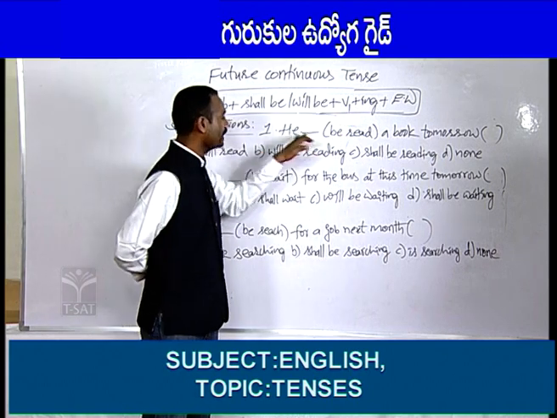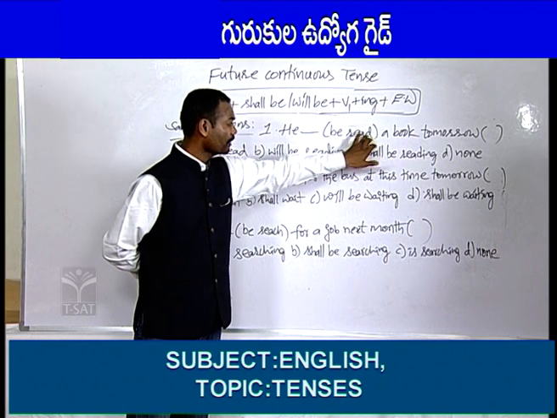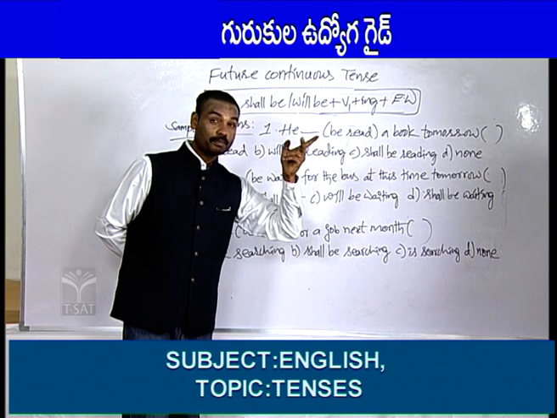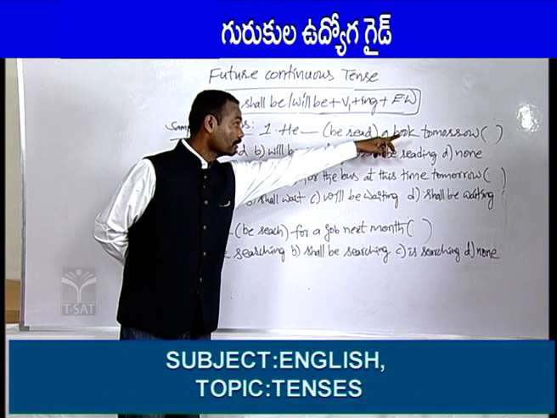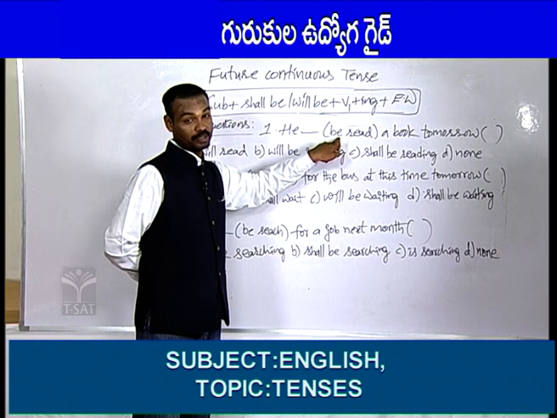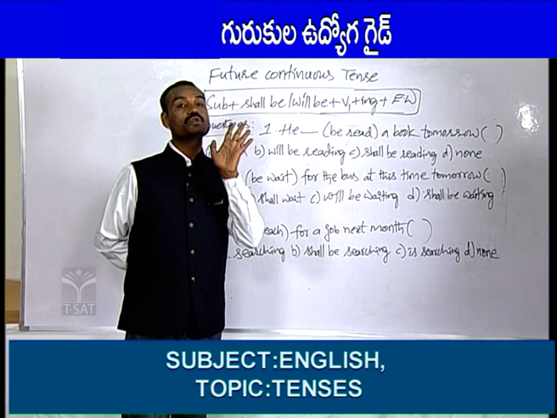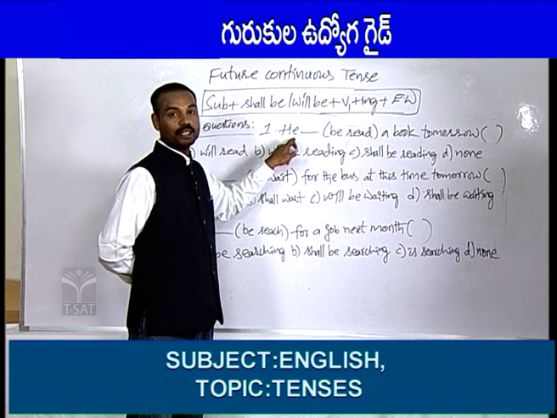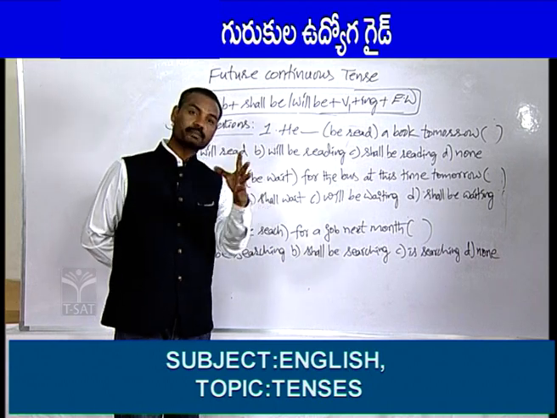See, example is he dash, under the bracket one verb is there, a book tomorrow. Tomorrow is the keyword. Whether it is simple future or future continuous, because that is the common keyword for two tenses. So B form is there. When you find out B form, that is future continuous. Will be reading. For example, subject is I or we, shall be reading. For other subjects, will be reading.